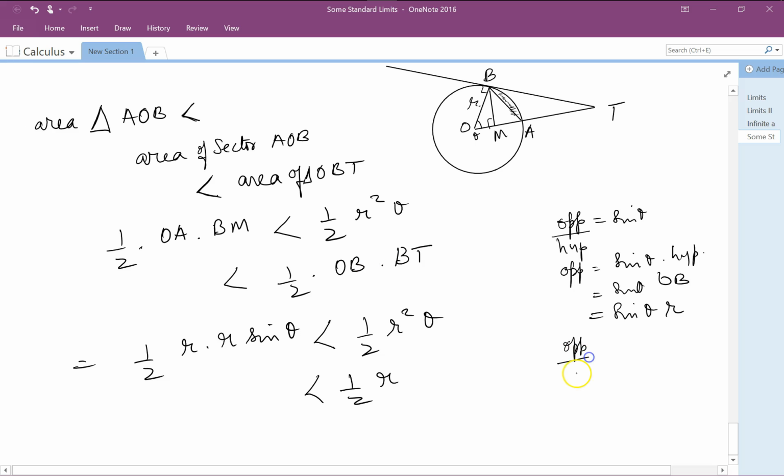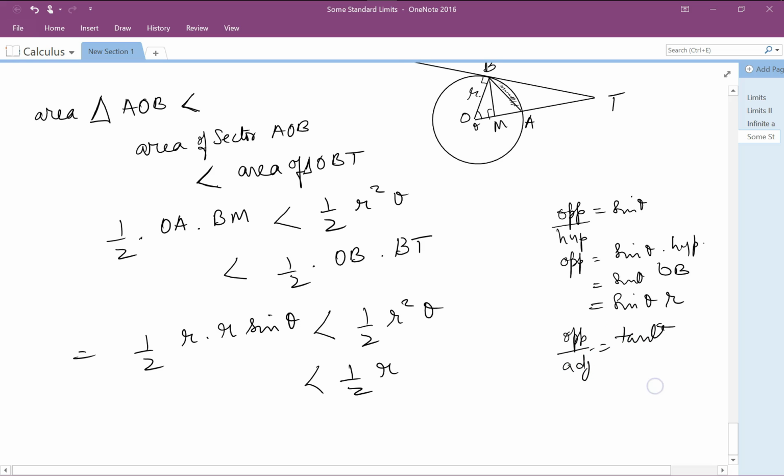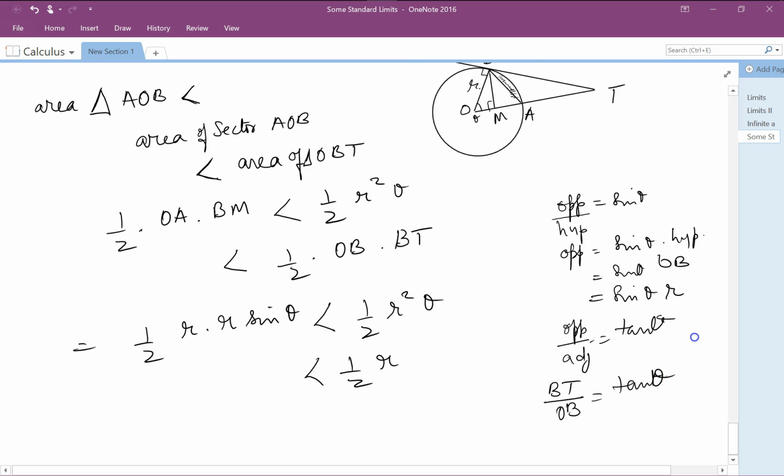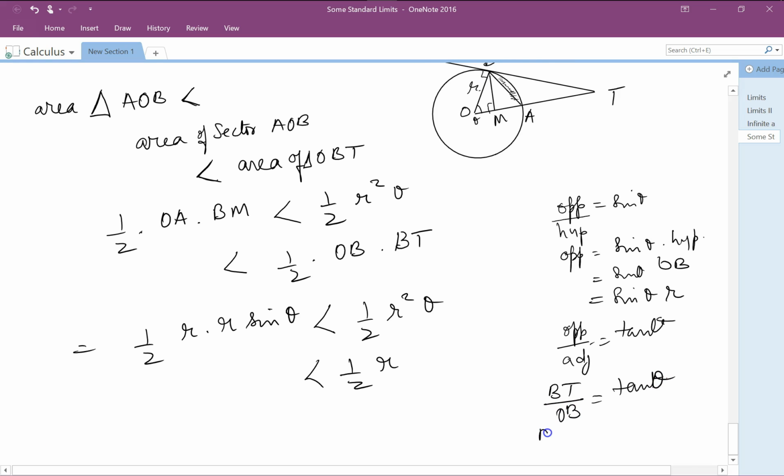So that means it has to be tan theta. Opposite to theta is BT, by adjacent OB, tan theta. BT is what we want to find, and OB is nothing but r. So BT is r tan theta, giving half r tan theta.